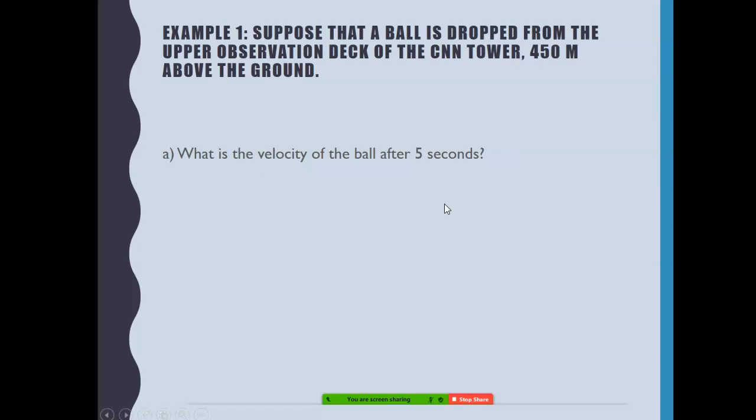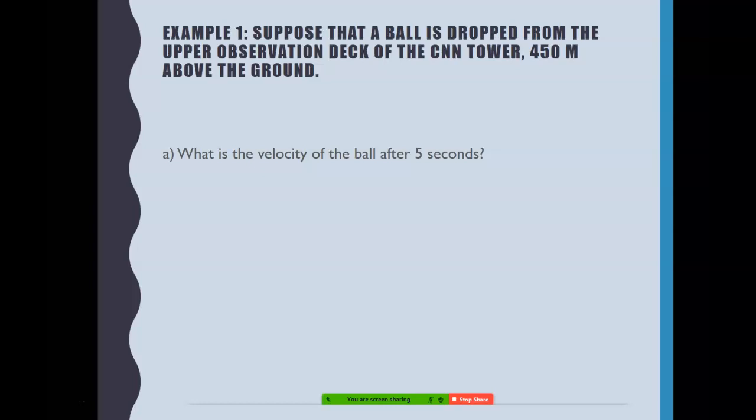So suppose that a ball is dropped from the upper observation deck of the CN Tower, which is 450 meters above the ground. What is the velocity of the ball at 5 seconds? So how do you go about finding the velocity of a ball? Since it's talking about seconds and meters, we need to take into account the gravity in meters per second squared and the general position formula.